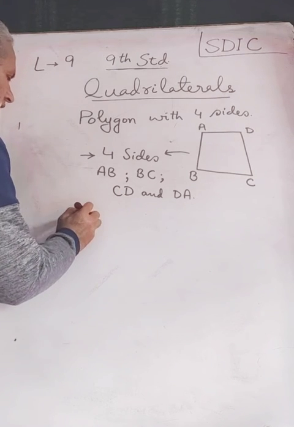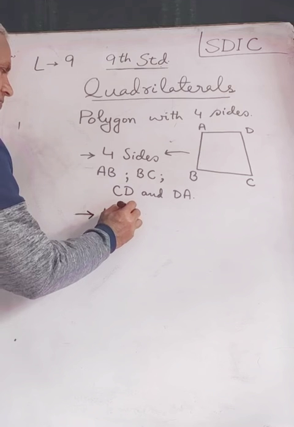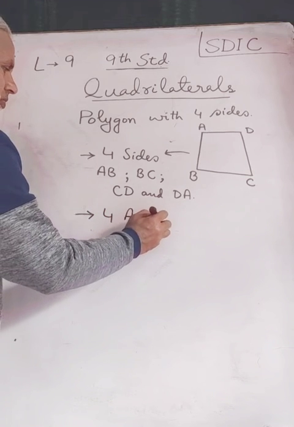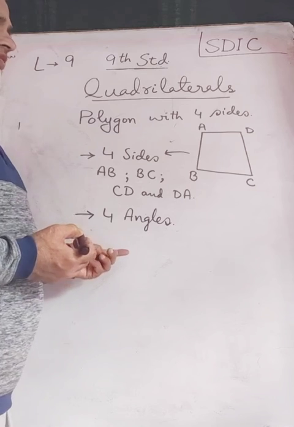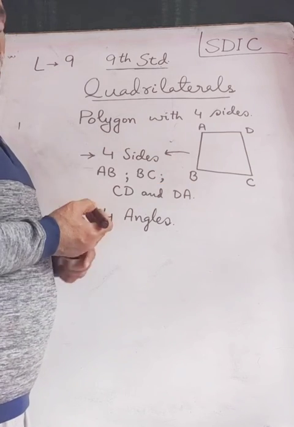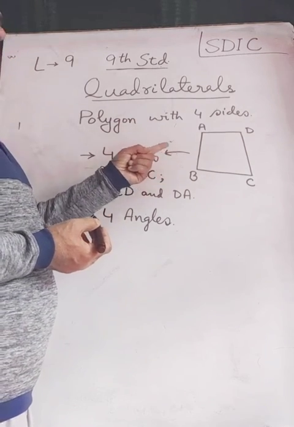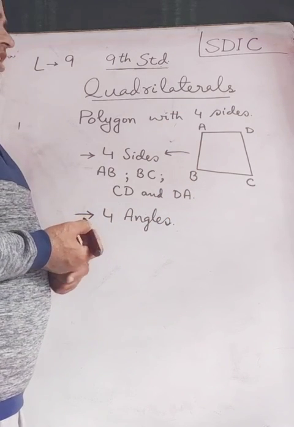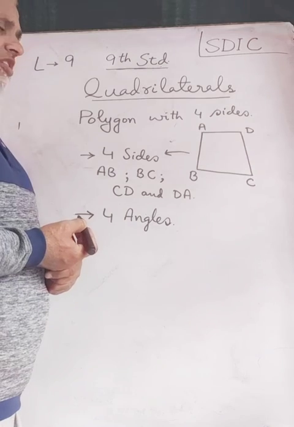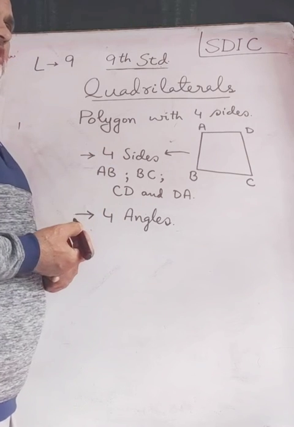It has 4 angles also. The 4 angles are formed at the 4 vertices involved here. A is one of the vertices, B is the second vertex, C is the third vertex, D is the fourth vertex. The angles formed at these vertices are the angles of the quadrilateral.